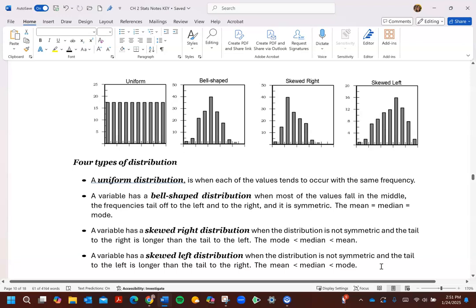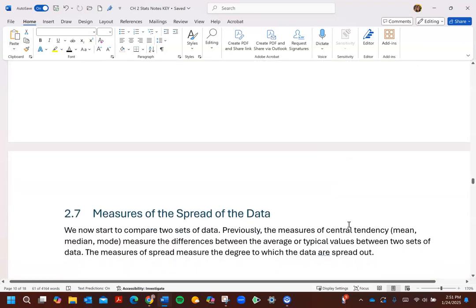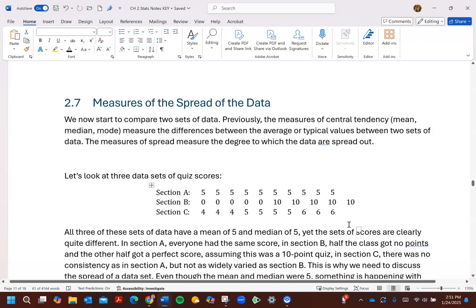And skewed left, the brunt of the data is on the right. Mean less than the median, less than the mode. There'll be questions pertaining to that in my open math that you'll maybe want to have those notes handy to answer.